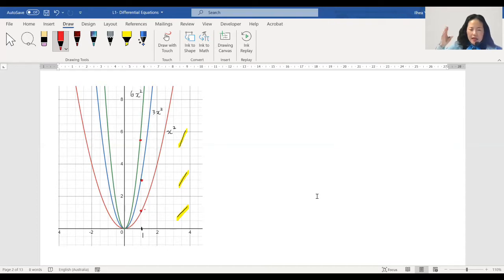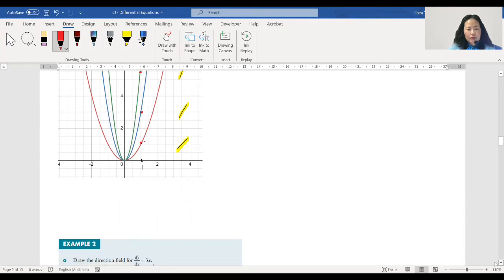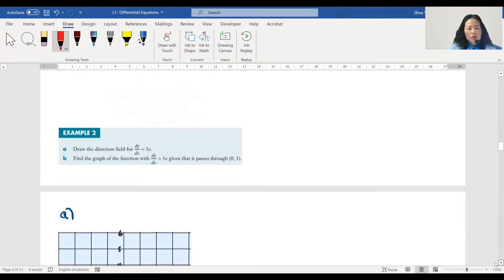So keep that in mind because we need to use that idea. At the moment, I made it vertical in this example because it's getting bigger. But if it gets smaller, say my gradient is half or 3/4 or something like that, it will be flattening out horizontally. So keep that in mind because we are going to use that for direction fields. So example 2.